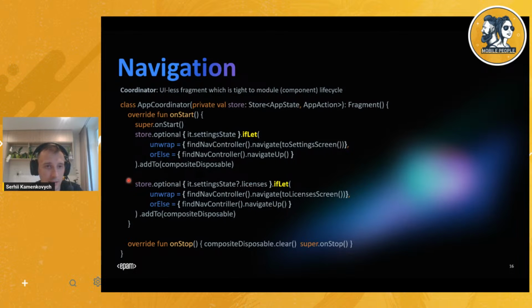And since this subscription goes first, it will call the unwrap first, but our nav graph might not support it yet. So we are still on up screen, on main screen, and we cannot go to licenses. So for that purpose, we need to keep this depth rule and put it only after it.